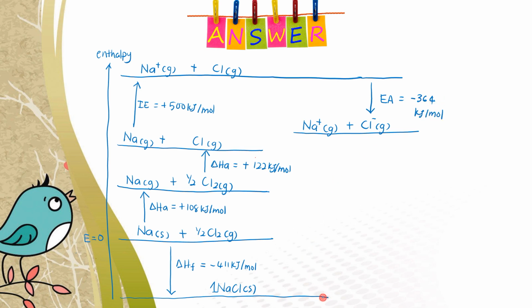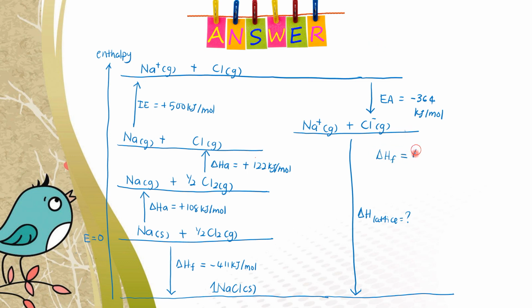Alright, next, the final step is you have to draw from here, point downwards. This one is to show delta H lattice. This is what we are going to calculate. Right, next, what should we do? So first of all, write the relationship.